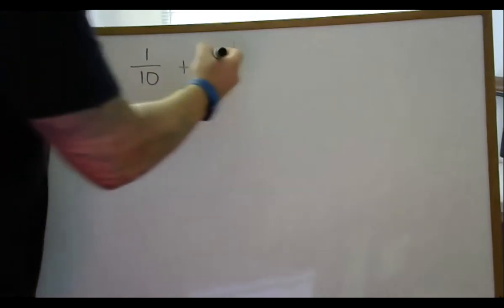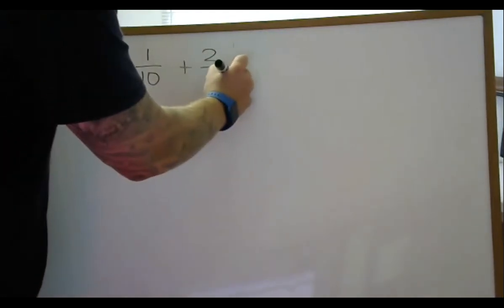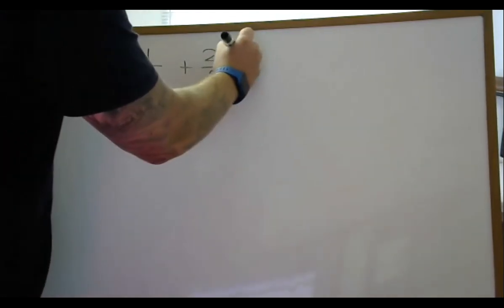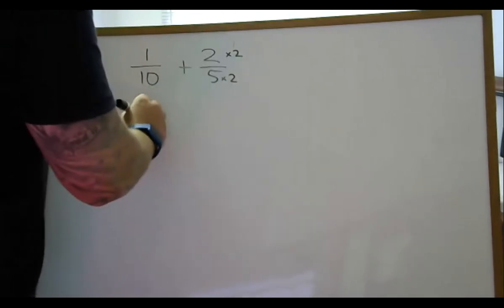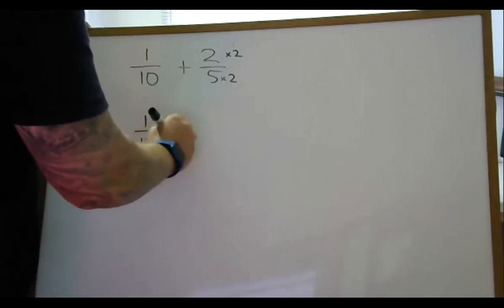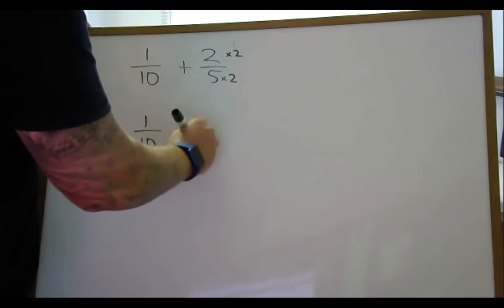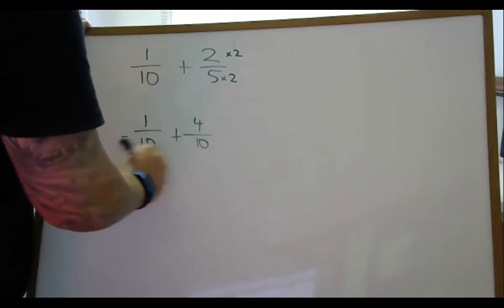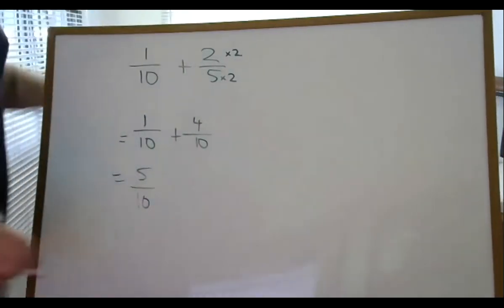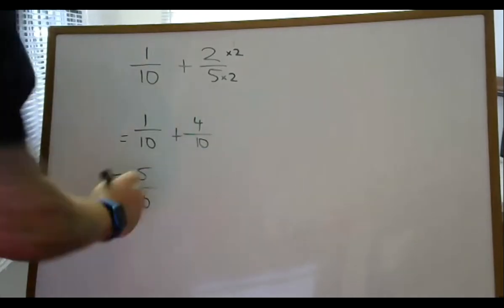So times by 2, which gives us 5/10, which we can simplify further to 1/2. Thank you, Harrison.